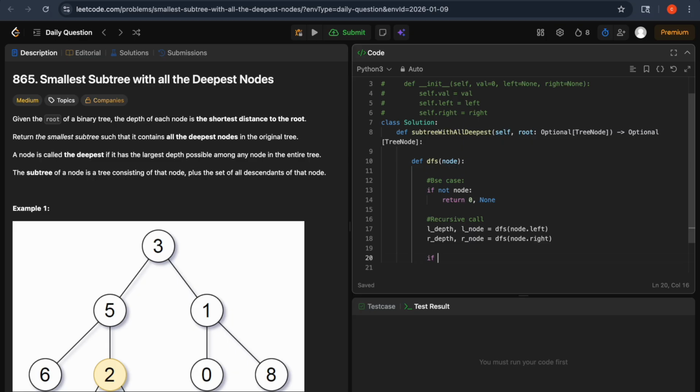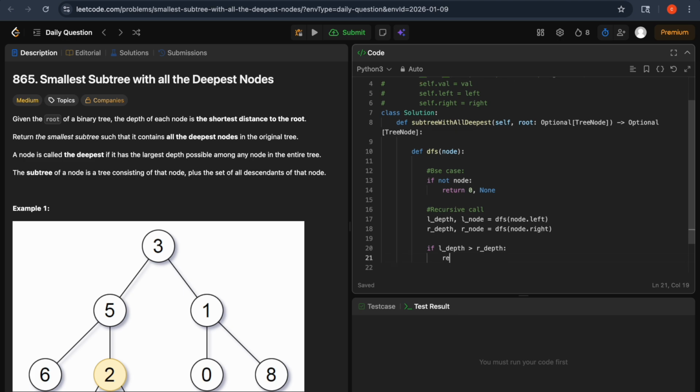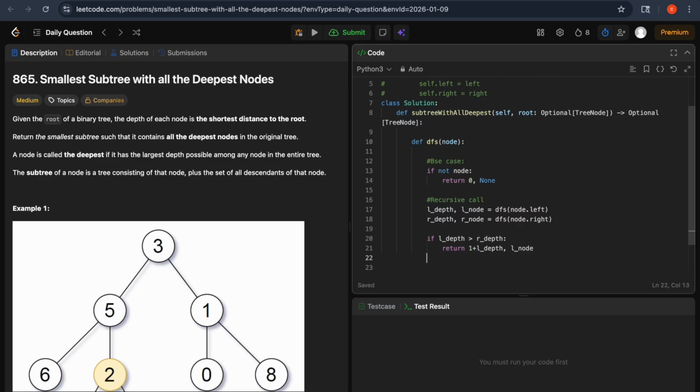And now we have to come up with a condition for choosing the node, right? So if left depth is greater than right depth, the node becomes it, anyway it will be incremented, right? And the node we choose will be the highest one, right? So return 1 plus left depth and left node, right?